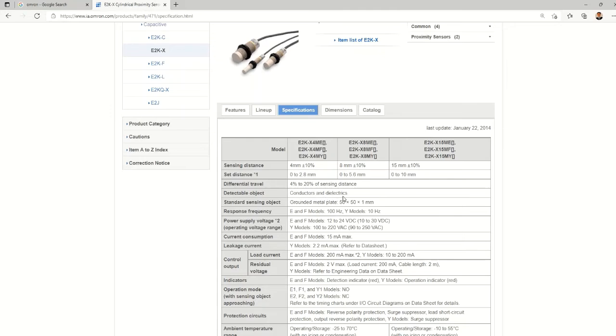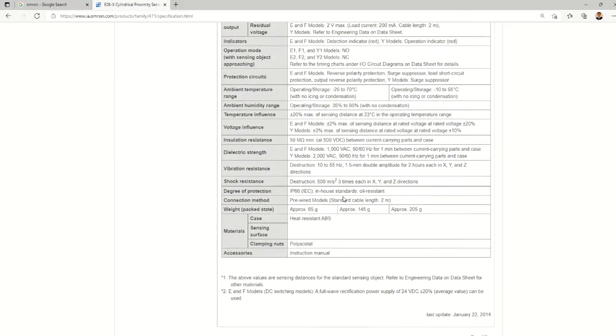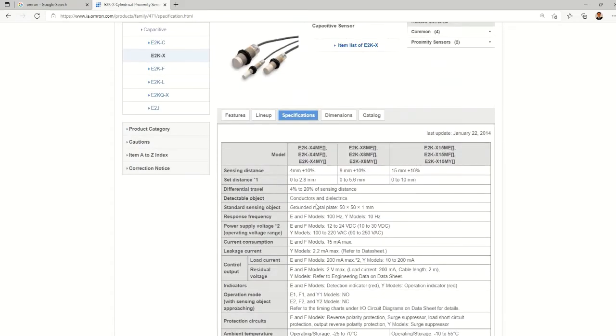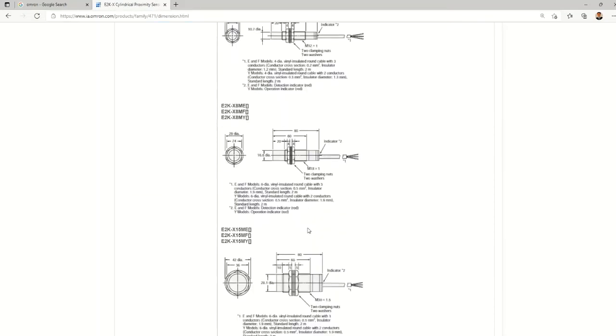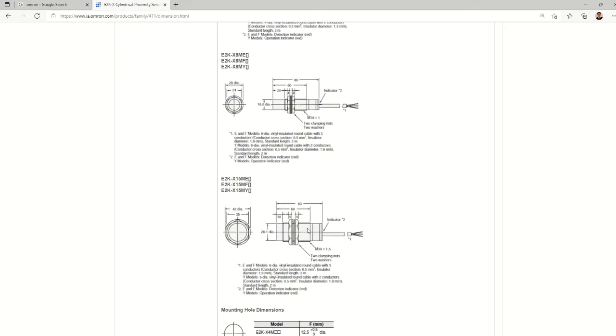You can see conductors and dielectrics as detectable objects they have mentioned, right? So you can read out the information here, and let's see the dimensions. So you can see what are the dimensions, the cable lengths and other parameters for the mounting purpose.